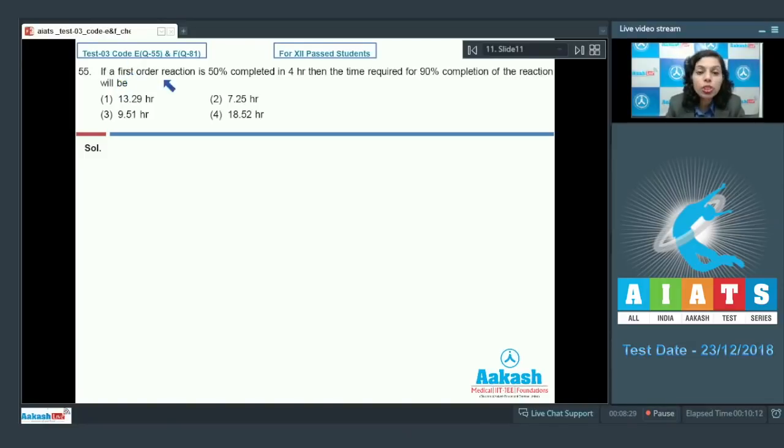55. If a first order reaction is 50% completed in 4 hours, then the time required for 90% completion of the reaction will be. It means the thing that's given here is that this is the first order reaction, the first thing, and in 50% completion it takes 4 hours. So very clear hint is given that T half for this reaction is 4 hours.